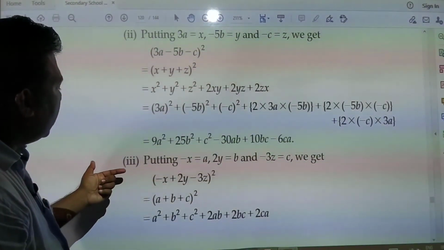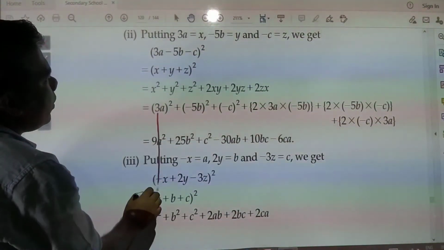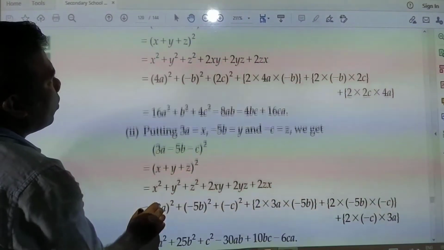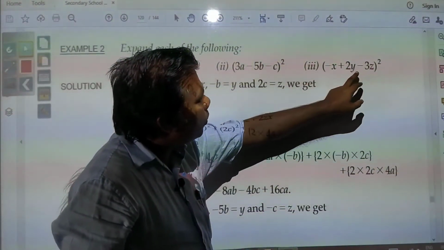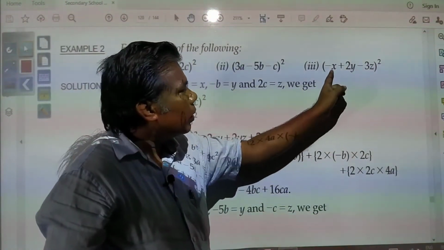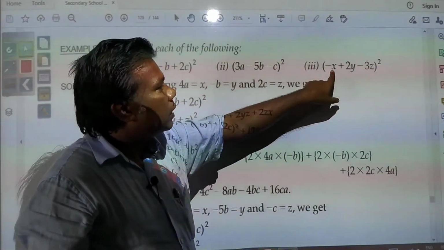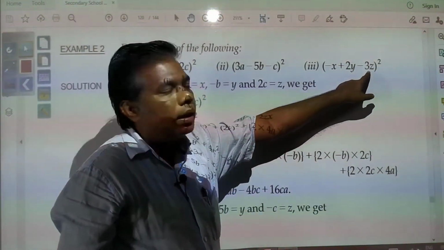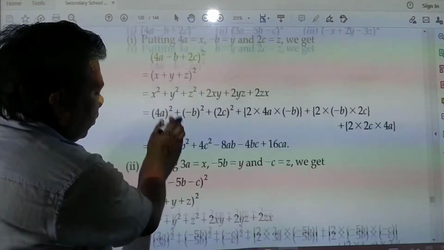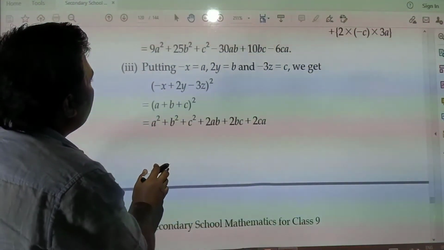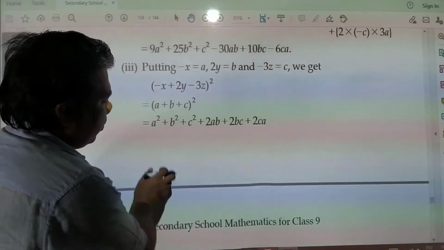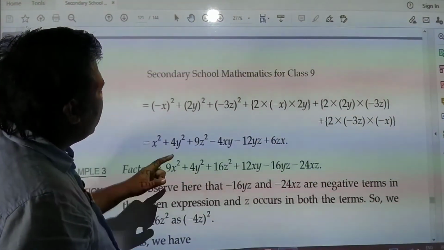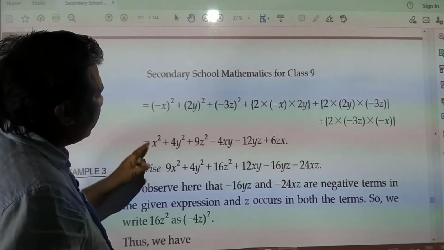And next we have (−x + 2y − 3z) whole square. Again here x is negative and z is negative. So when you are squaring, that will be positive.